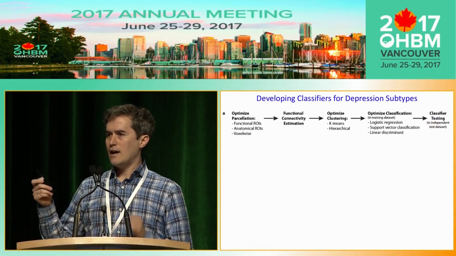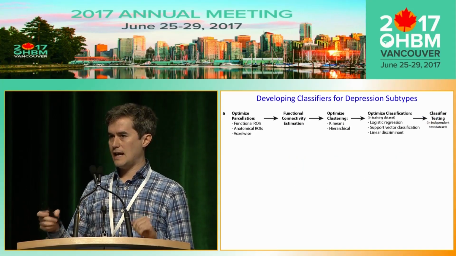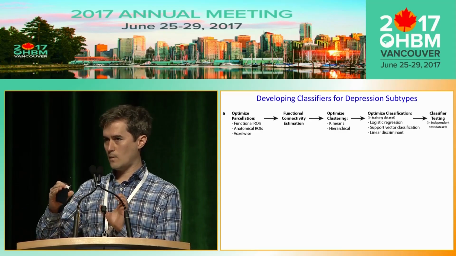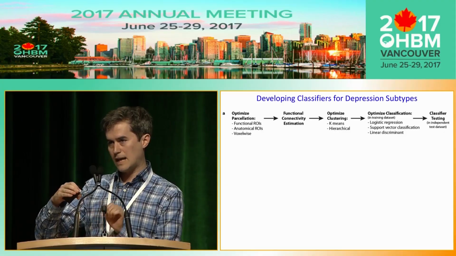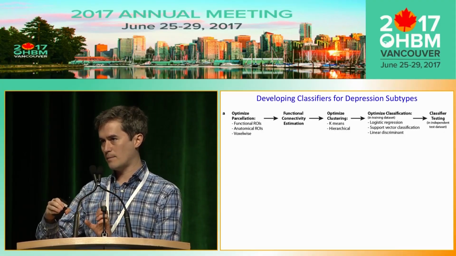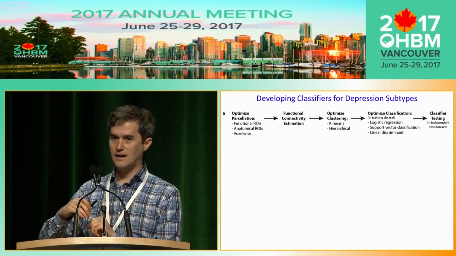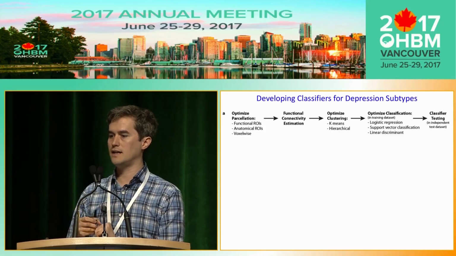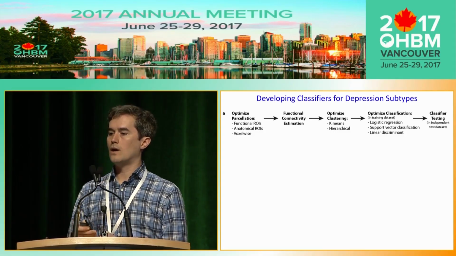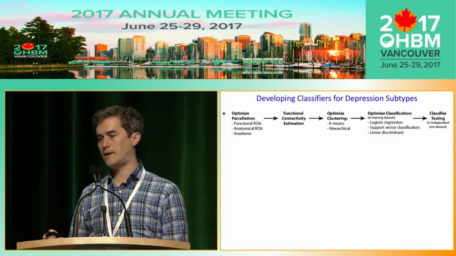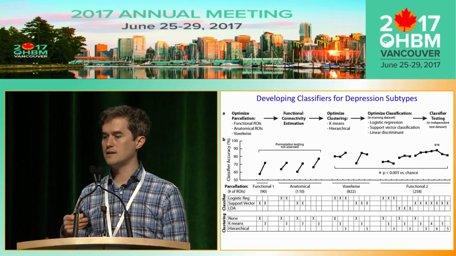Having discovered these subtypes in a subset of the data that was rigorously controlled, such that it came from just 2 sites with identical scanner protocols, identical scanners, identical inclusion and exclusion criteria, very similar medication and diagnostic breakdowns, we then trained classifiers to diagnose the subtypes.